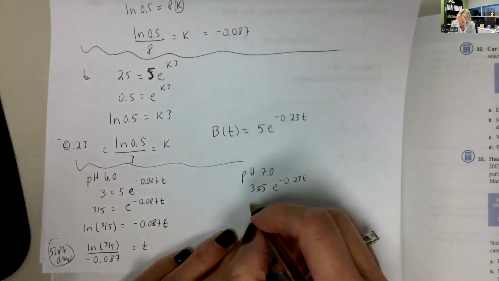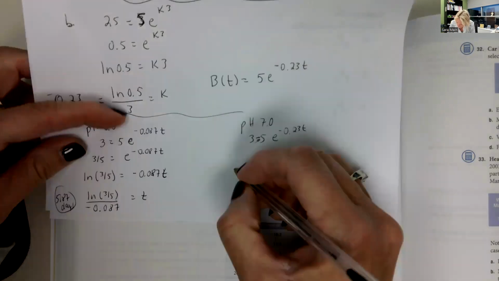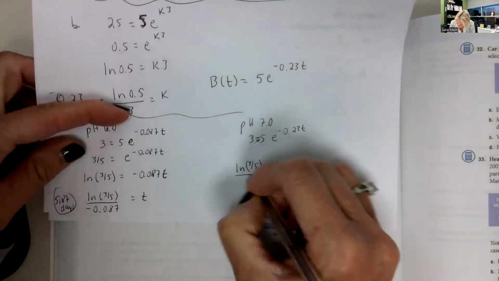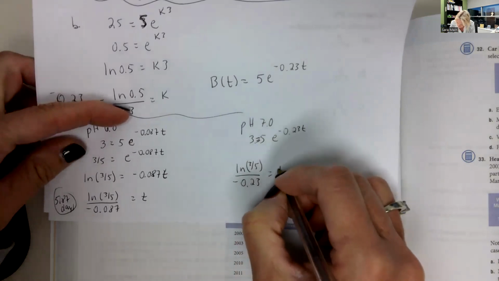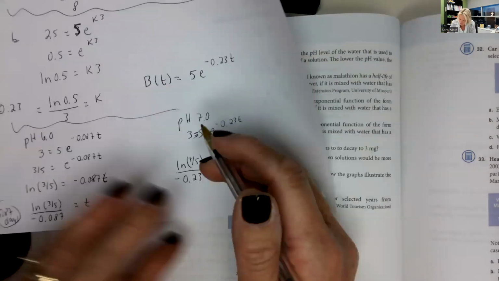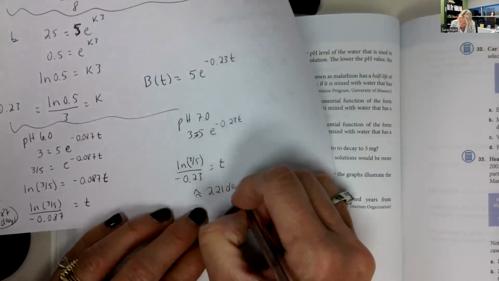It's just going to end up being the same thing, but it's going to be the natural log of 3/5 divided by a negative 0.23 is the time. And that one comes out to be about 2.21 days.